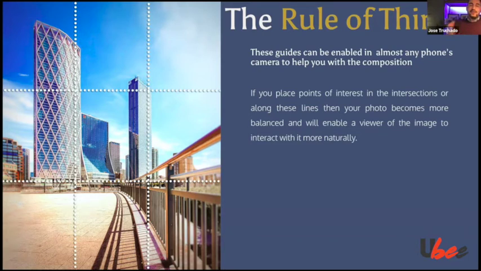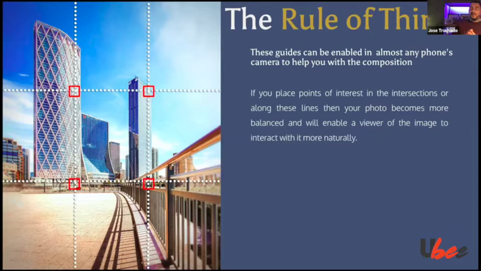And if you place objects along these lines or at the intersections of these lines, this is where the eye actually goes. When we first look at a picture, these are the first places where the eye fixes its attention. So when you use the rule of thirds, your picture will be better organized and more pleasing to the eye.